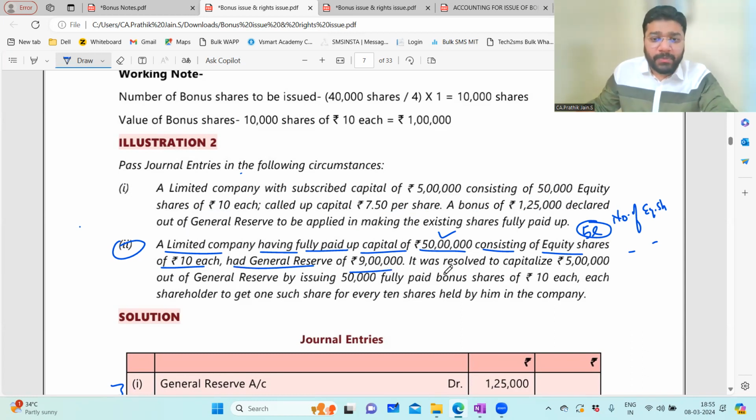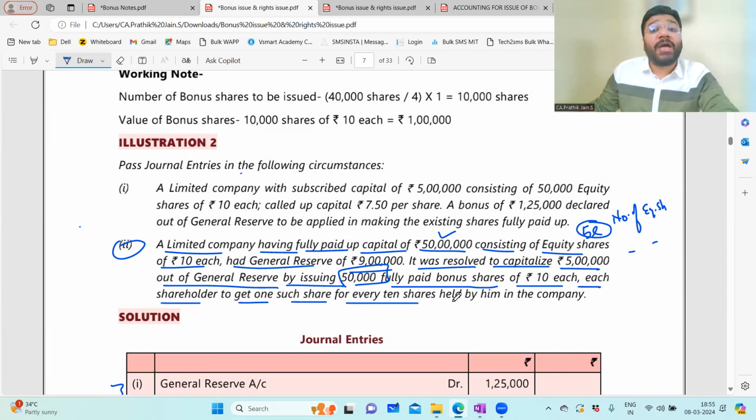It was resolved to capitalize rupees 5 lakh out of general reserve by issuing 50,000 fully paid bonus shares of 10 each, each shareholder to get one such share for every 10 shares held by him.